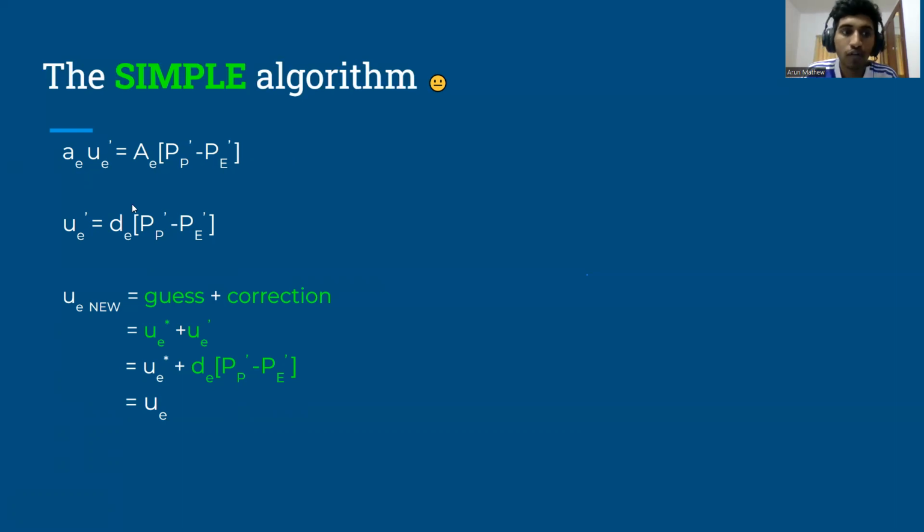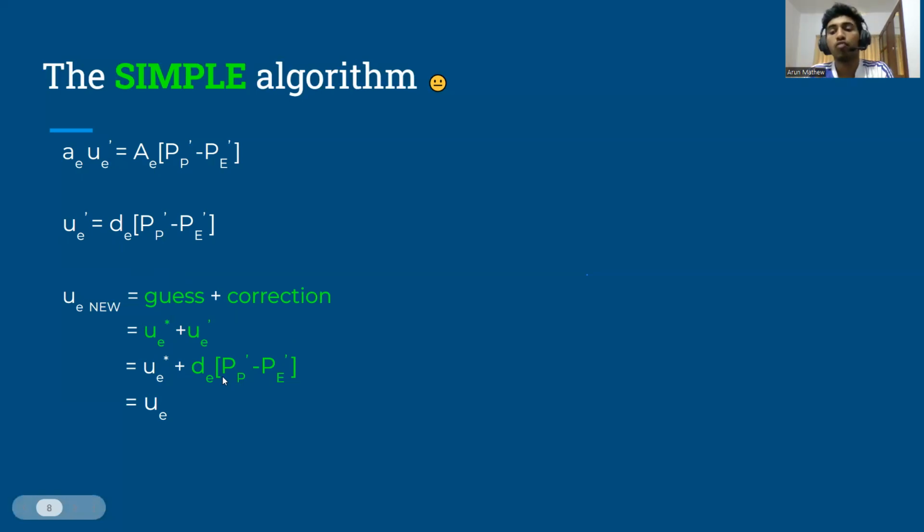So the velocity in the x direction will be the guessed value plus the correction needed. The guessed value here was UE star, and the correction needed we have found to be UE dash. We substitute the value of UE dash, and we get an expression like UE star plus dE into PP dash minus PE dash.